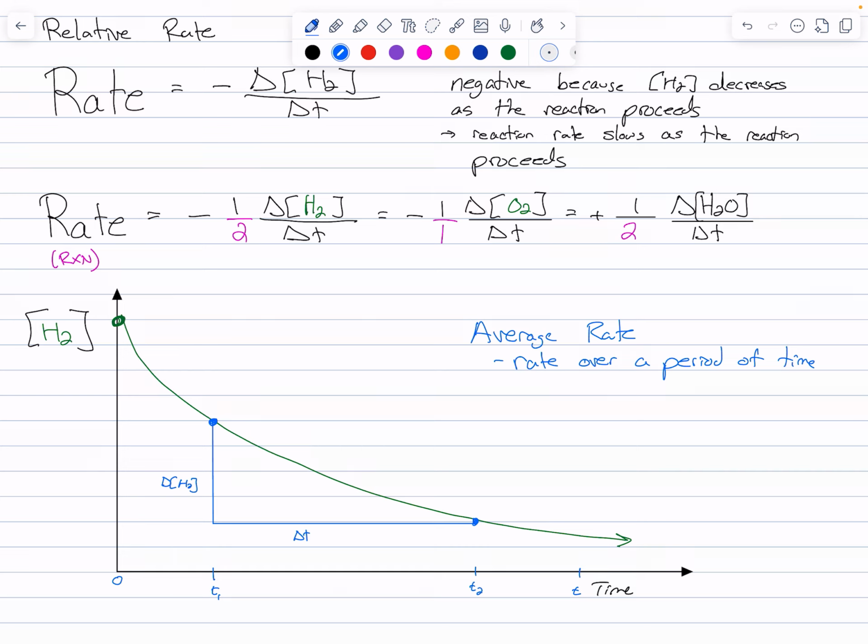If we compare this to driving, your average rate is your average rate. So if you drove 15 minutes to whatever place, and you found the distance and it was 4 miles, you can do the average rate. So 4 miles, and you change that to an hour, it's a quarter of an hour.